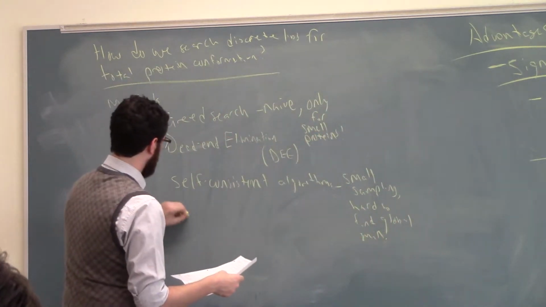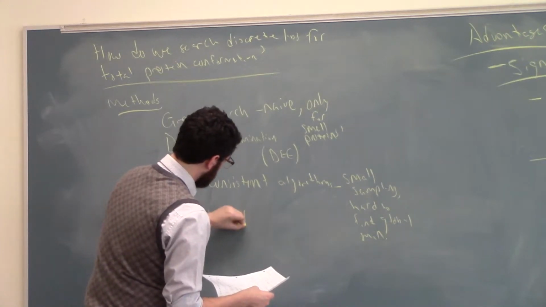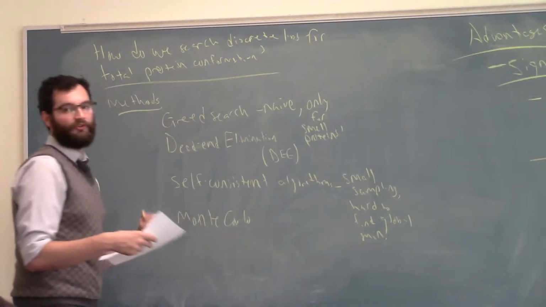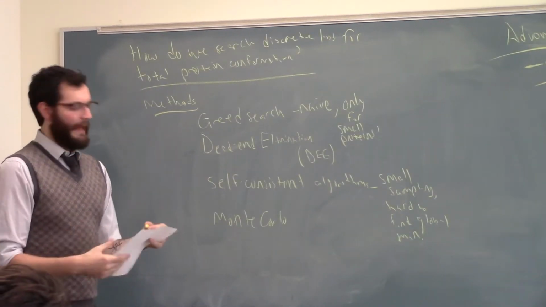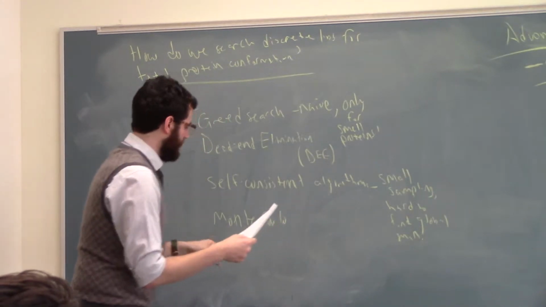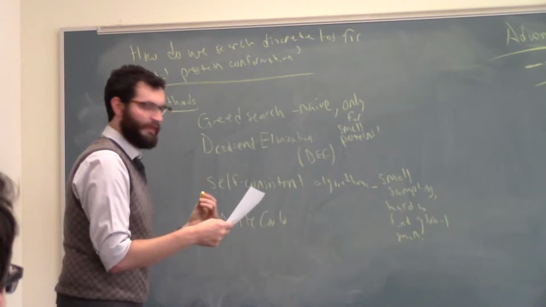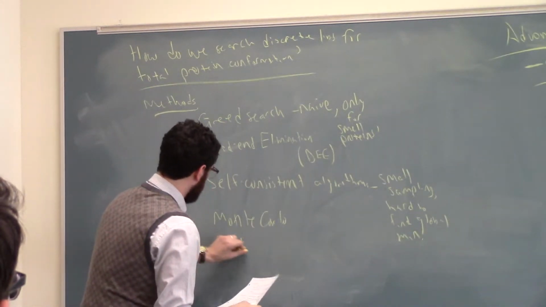And then there are Monte Carlo approaches. Those are going to involve selecting residues at random to try new rotamers and that sort of thing. In particular, there's an approach implemented in Rosetta that uses a trie. I'm going to list that one explicitly.